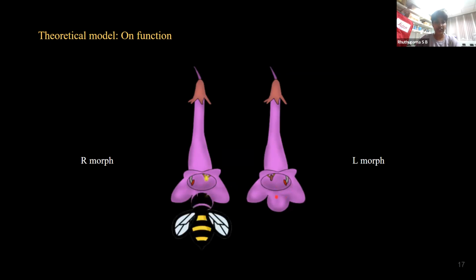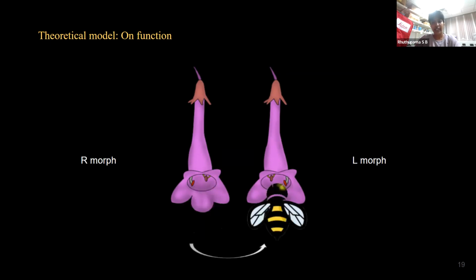So when the flower is being visited by a pollinator, the pollen here is being selectively deposited on a particular part of the pollinator's body, in case of R morph here.